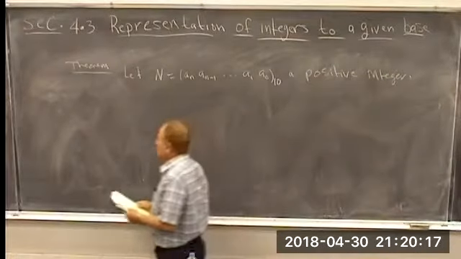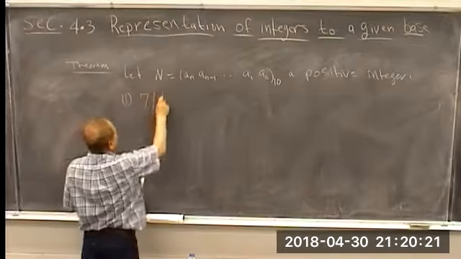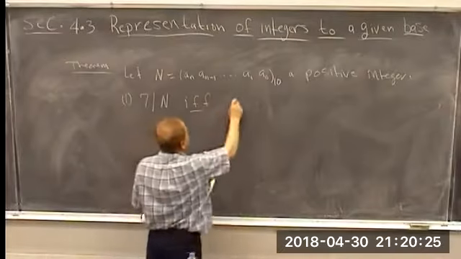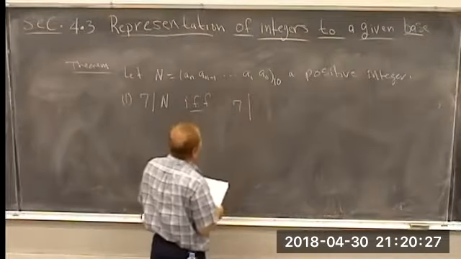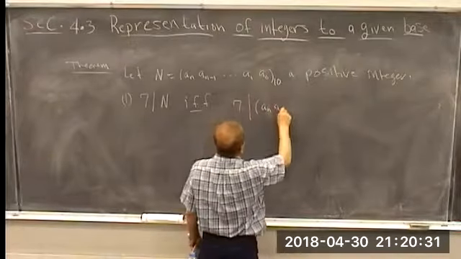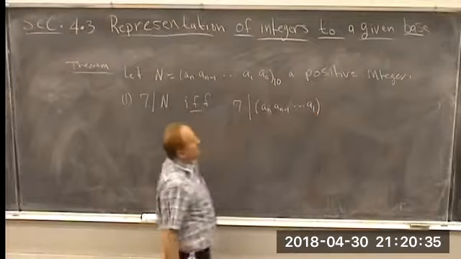Then, first, 7 divides n if and only if 7 divides the number a_(n-1) up to a1, minus twice a sub 0.